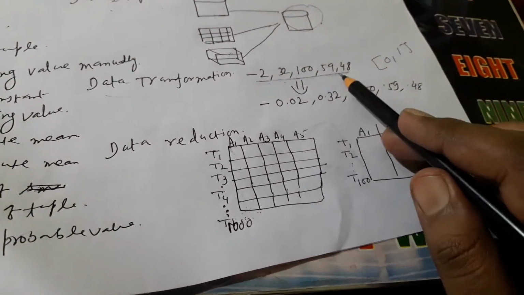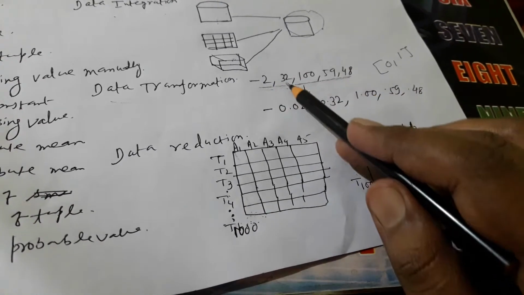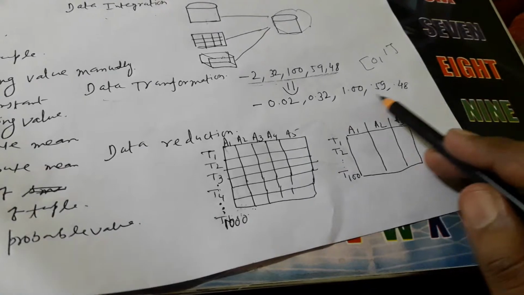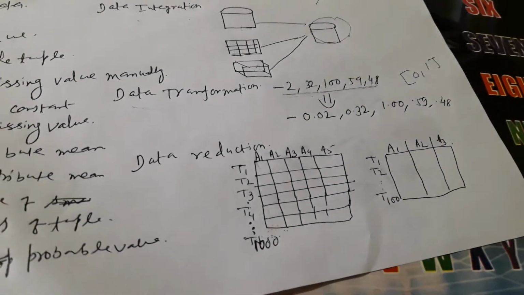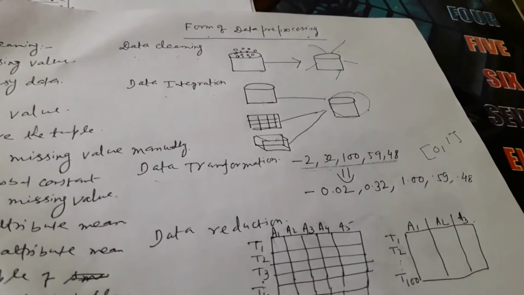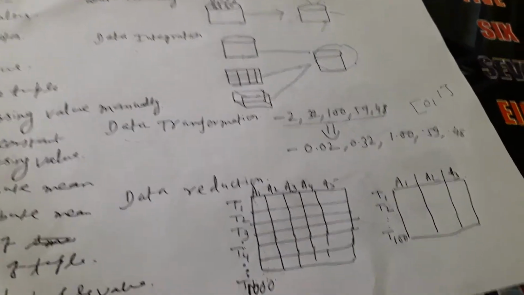So suppose the highest value is 100. If I divide everything by 100, it will become values between 0 and 1. Forget about negative and positive. So the third phase of data pre-processing is data transformation.